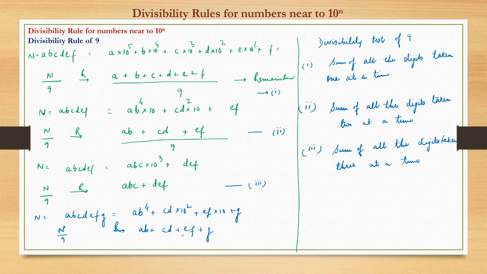So for any number given, I can take three, two, or one at a time. Any combination of digits can be taken to check divisibility by 9.